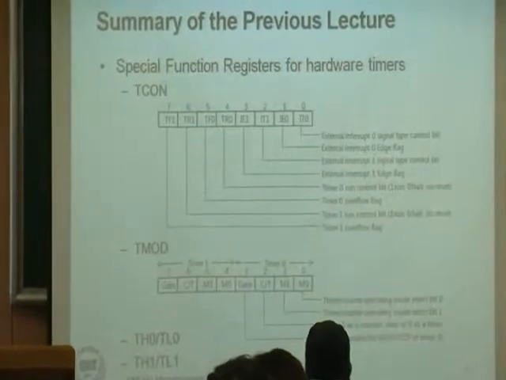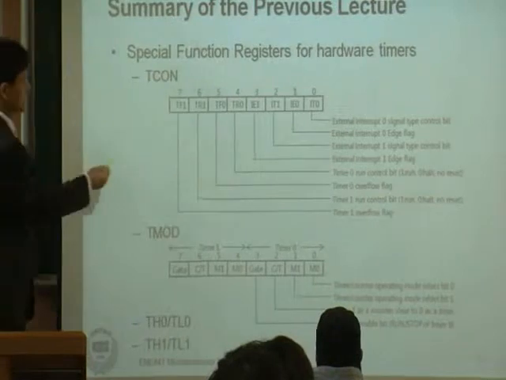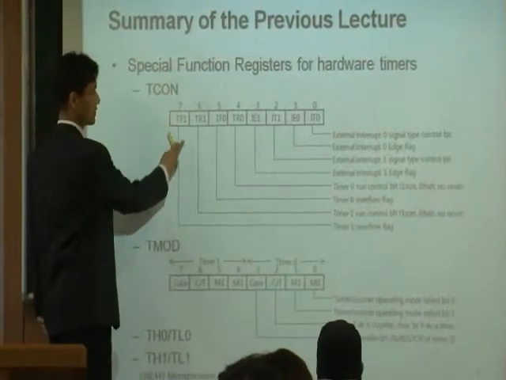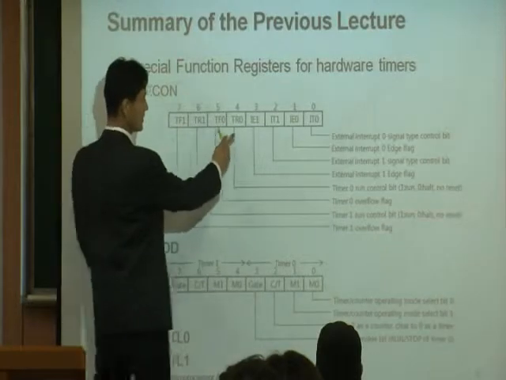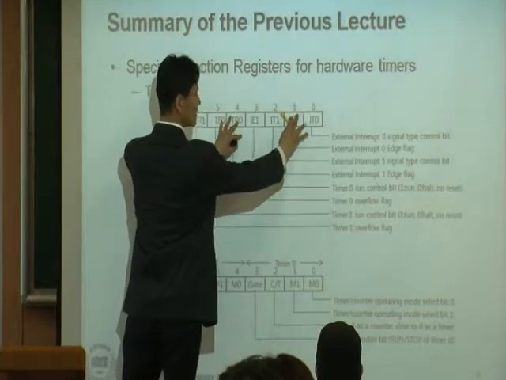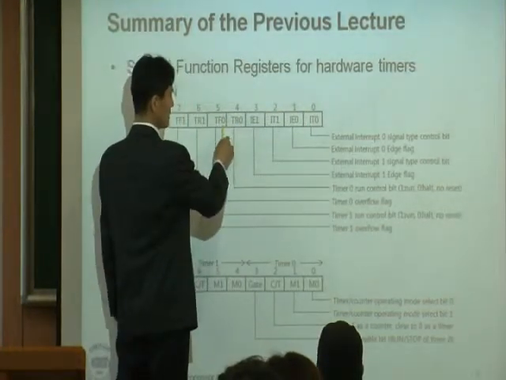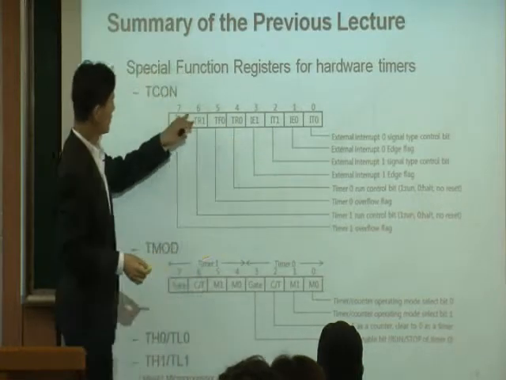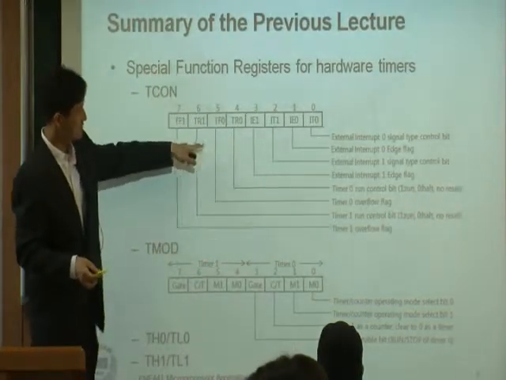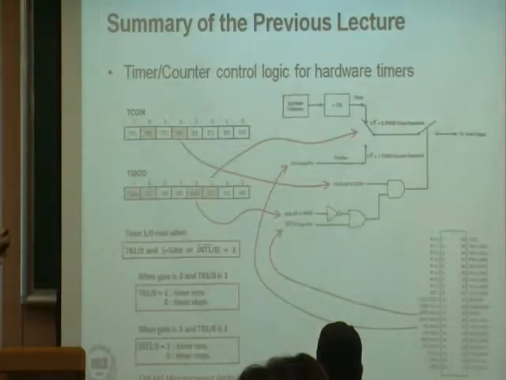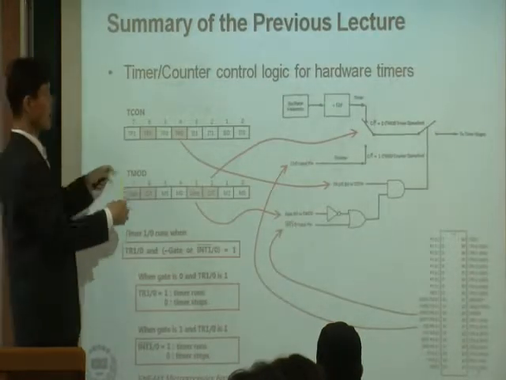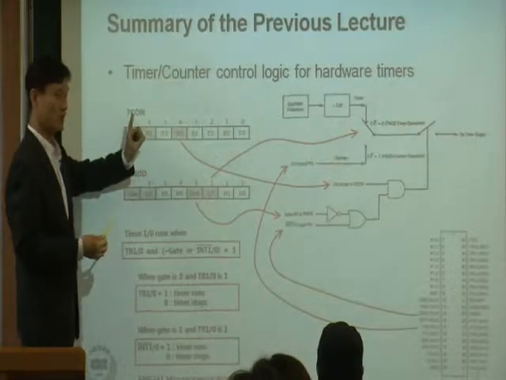Let me go to here. That's what we're talking about now, right? So this is the global interrupt, this is not the interrupt. Let's say these two and these two are timer 0. So you set some configuration in the TCON and TMOD, and then you run the timer by setting this bit to 1.